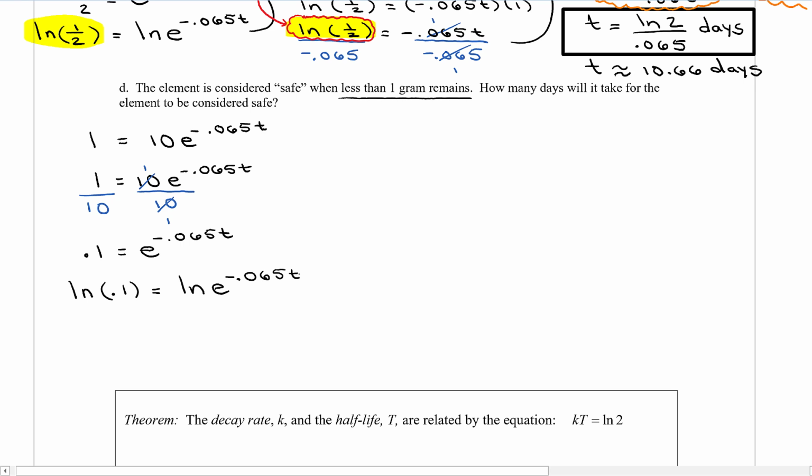Now I'll have the natural log of 0.1, or 1/10, is equal to negative 0.065 t times, and I'm just going to write the natural log of e.